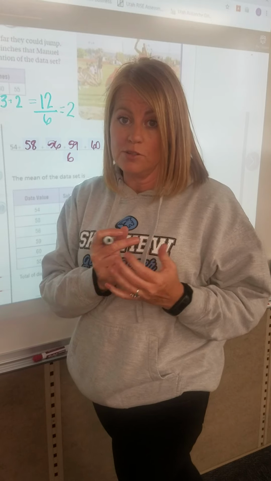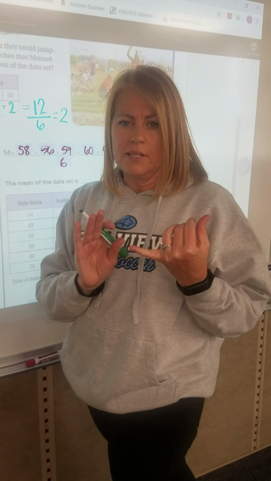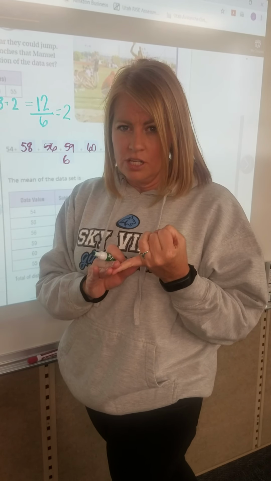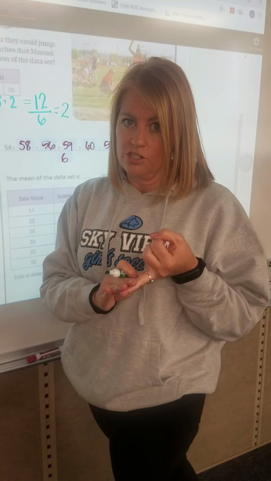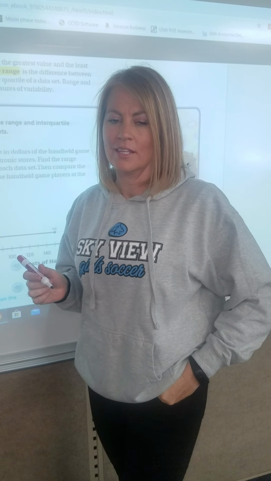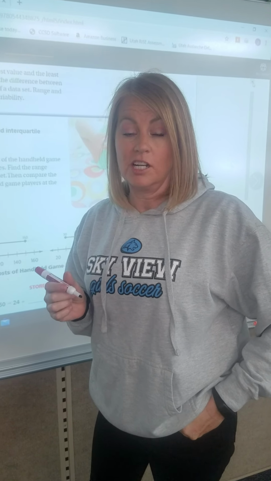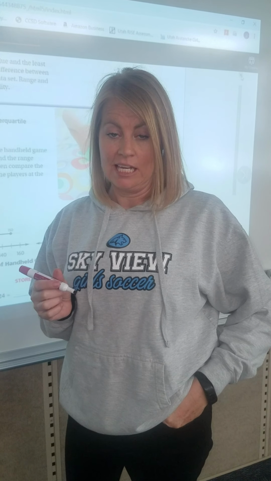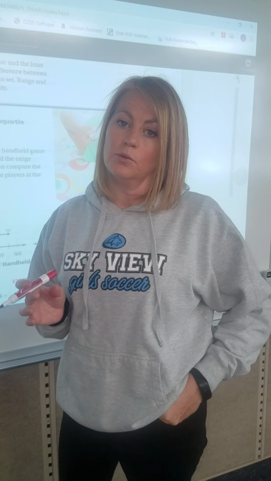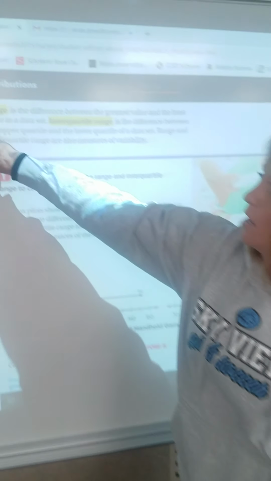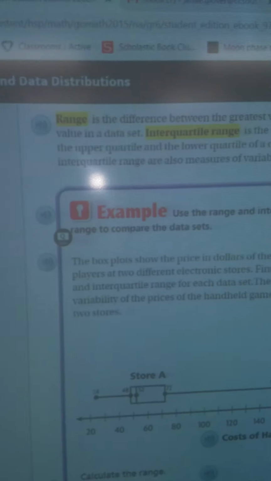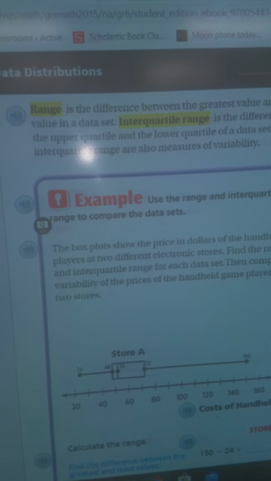Okay, on the next page, we're going to learn about something called the range and the interquartile range. So another way, boys and girls, that we can tell the variability in a data set is we can use what's called the range and also the interquartile range. Okay, at the top of the page it says range is the difference.